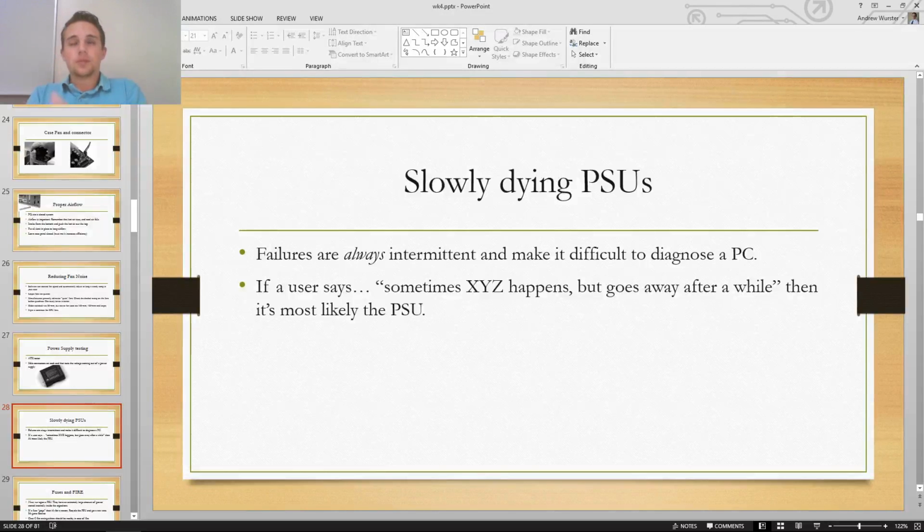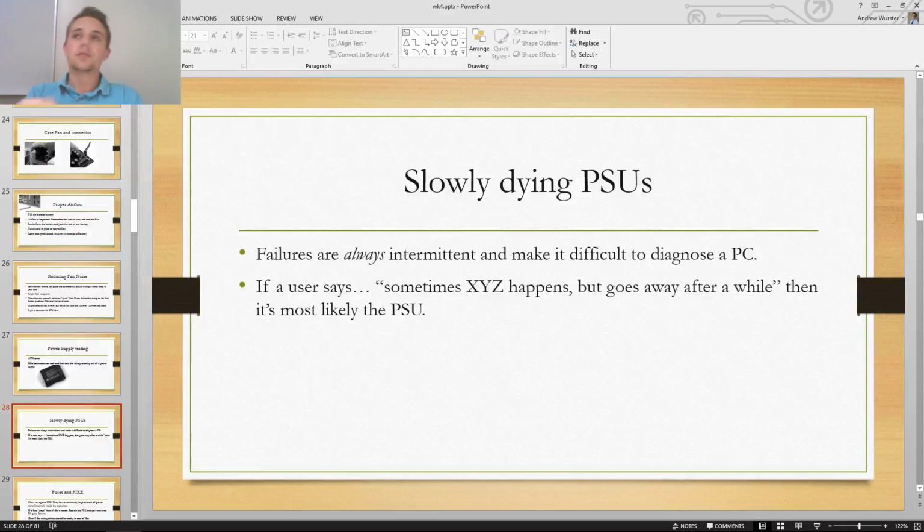Power supplies are always intermittent failures, and it makes it very difficult to diagnose a PC because usually you turn on your PC, and all the fans spool up, including the power supply, but it might not be fully providing the required amount of power that it needs to function correctly.